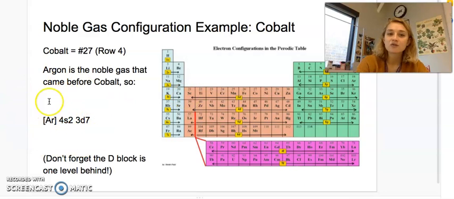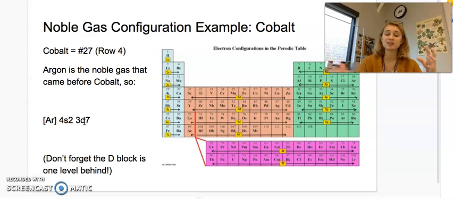And you can see I wrote that over here. So this just saved me from having to write out 1s2, 2s2, 2p6. Now I could just start at 4s2. So this makes it a little bit easier to write some of these heavier, bigger elements. And again, never forget that the D block is 1 energy level behind, which is why it goes 4s2, 3d7. And that was the basics of the unit. That is electron configuration.